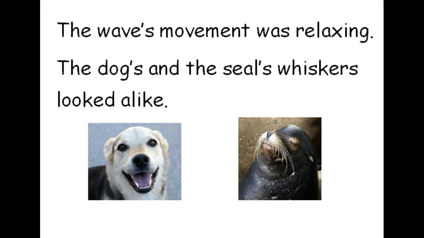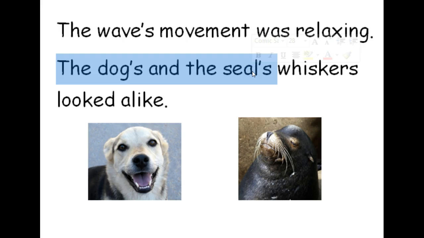Let's look at the second sentence. The dog's and the seal's whiskers looked alike. Which nouns show us possession? Right, dog's and seal's. And which possessive pronoun could replace the dog's and the seal's?